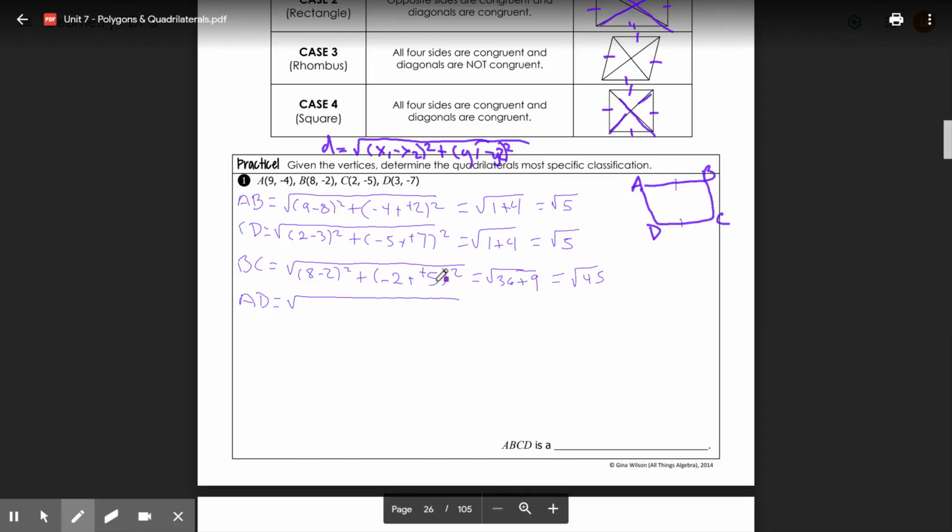AD would be the square root of 9 minus 3 squared plus -4 minus -7 squared. 9 minus 3 is 3. 3 squared is 9.